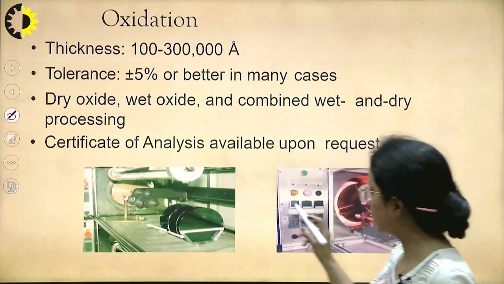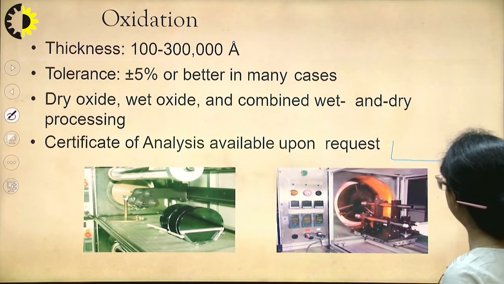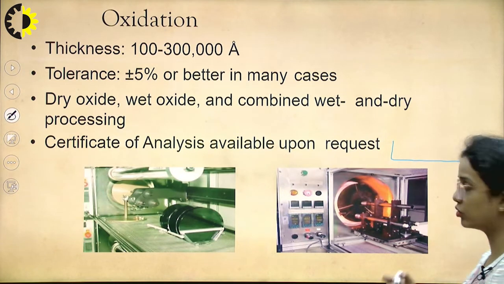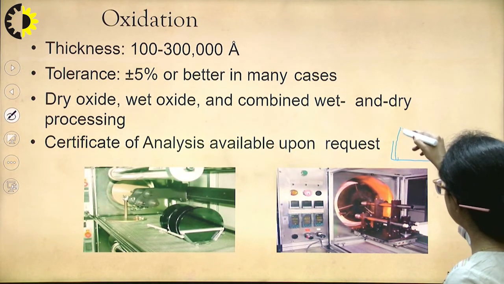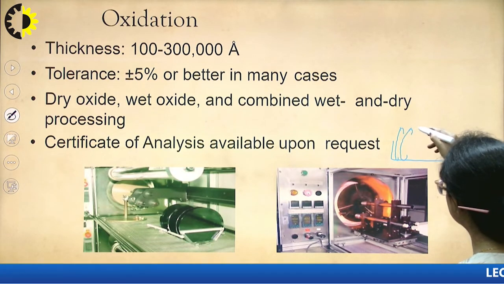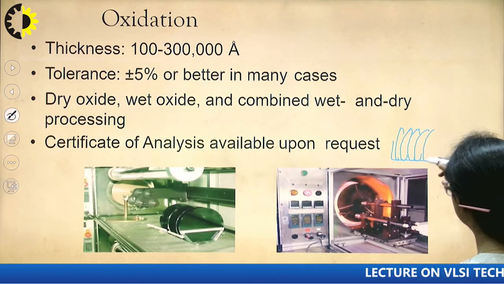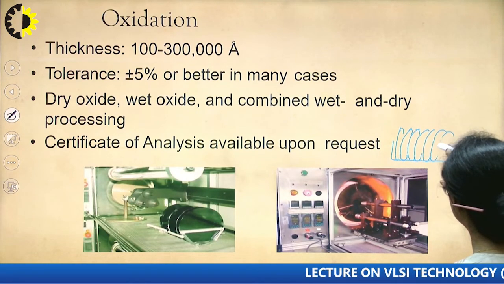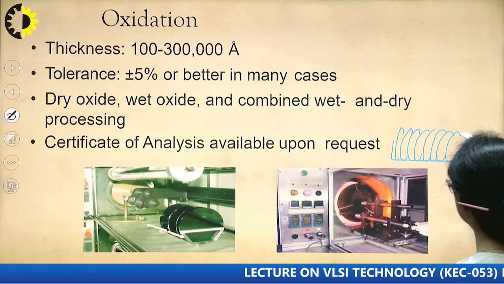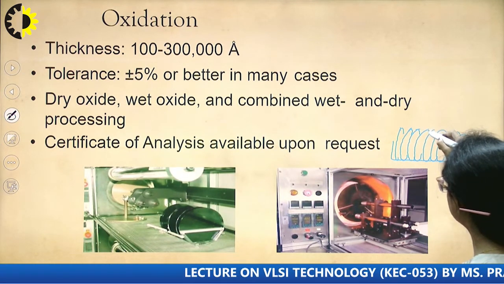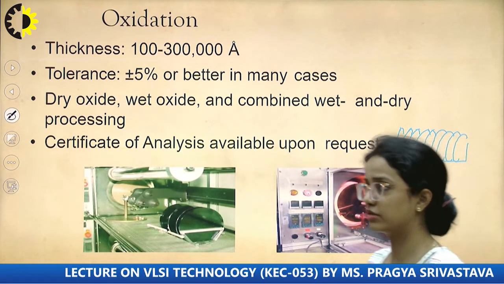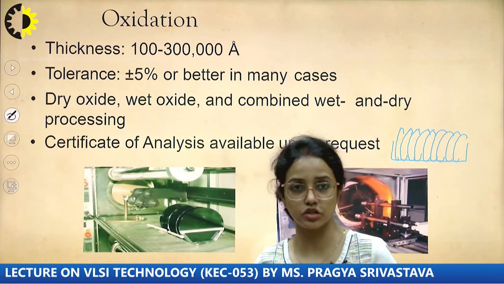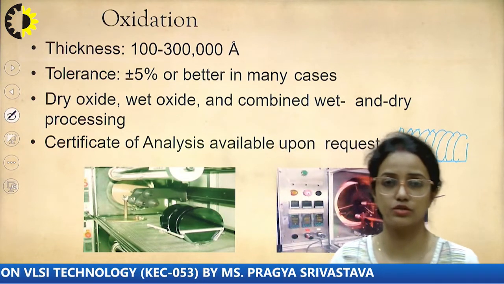Here we have a brush, or we can say a wafer holder, and on that wafer holder we can place different wafers. Let's imagine these are different wafers. In between these consecutive wafers there is sufficient space, and in that space we allow the gases to pass through.